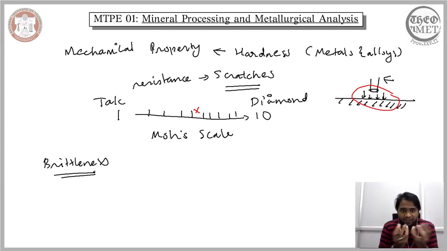This mineral fragments easily. That is all that you need to understand in this particular context of mineral processing. When you say that this particular mineral is brittle, it means we can fragment it rather easily. When you apply a load, this mineral, instead of resisting or behaving in a different manner, just breaks into pieces. That is what we mean by brittleness.